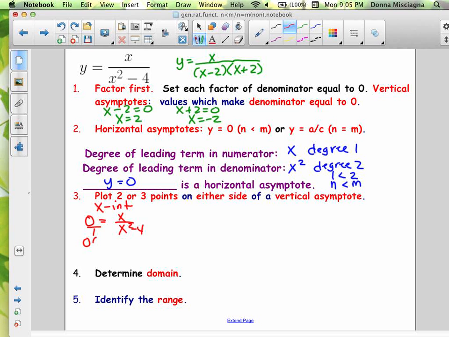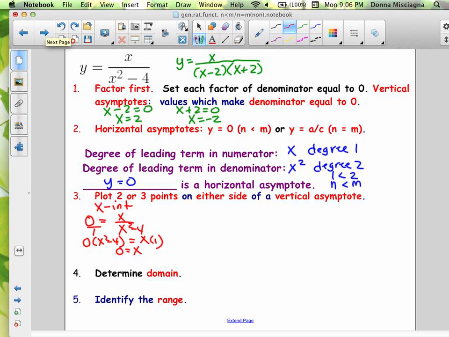So anytime I multiply by 0, we're just going to get 0. Right? So it is okay if you just set the numerator equal to 0. So x equals 0 is the x-intercept.